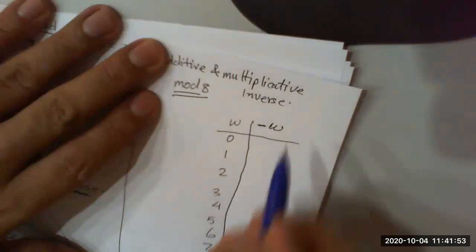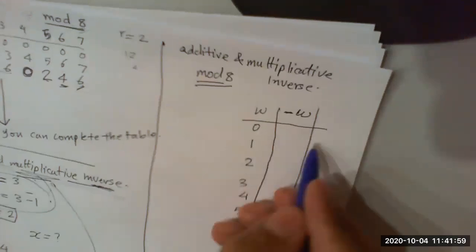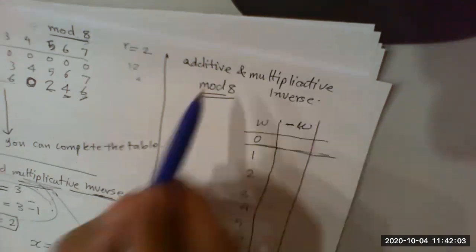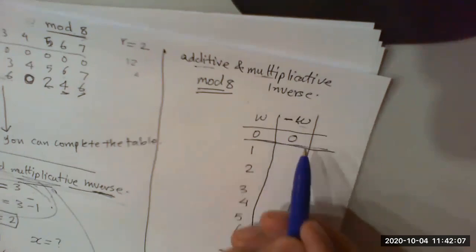Okay, let me see how to calculate this. So for 0, the additive inverse. I have additive and the multiplicative. So the additive inverse of 0 is 0.